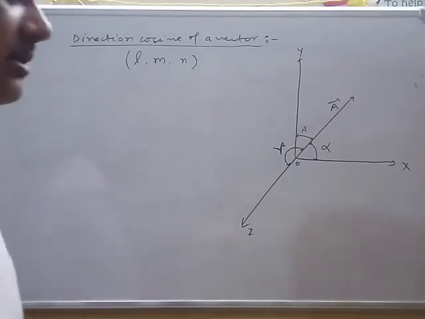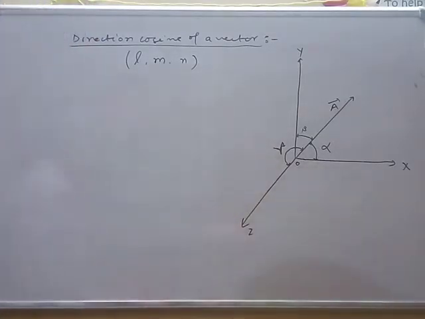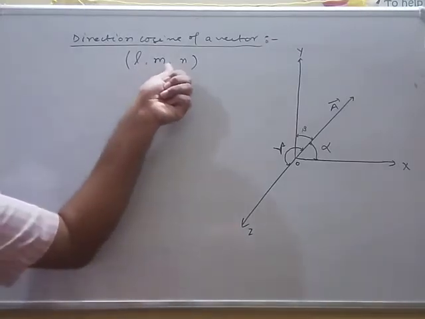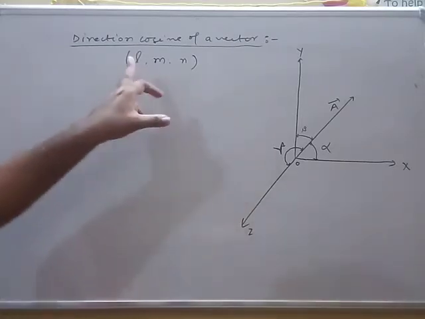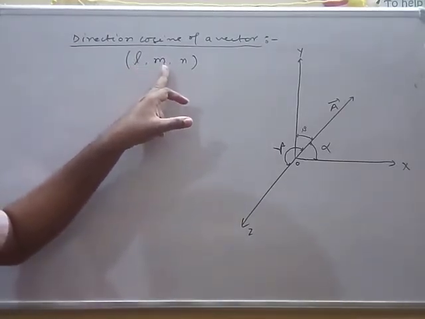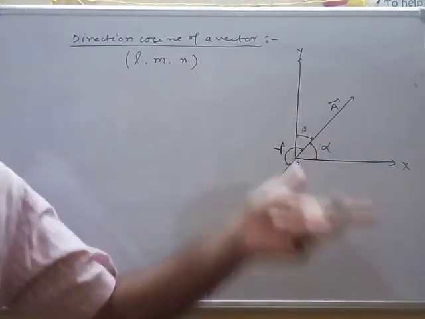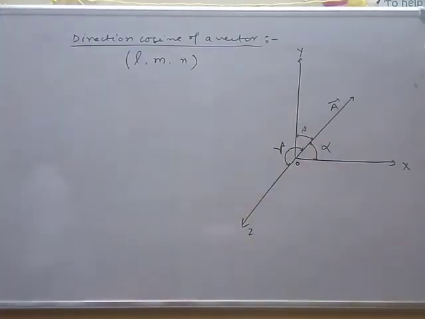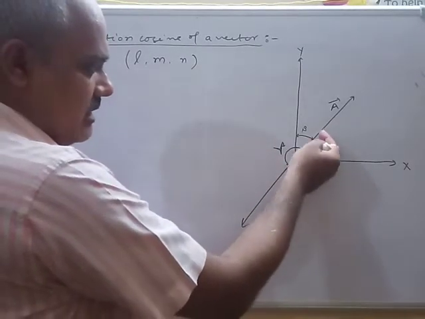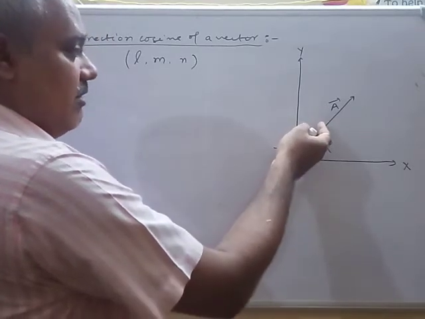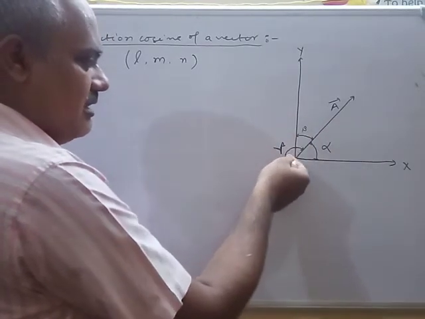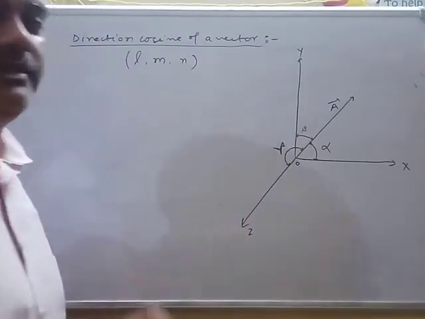Here we will discuss direction cosines. Direction cosines of a vector are generally represented by l, m, n. l for x-axis, m for y-axis, n for z-axis. These are direction cosines. Direction cosines of a vector are the cosines of the angles which a given vector makes with x-axis, y-axis and z-axis respectively.